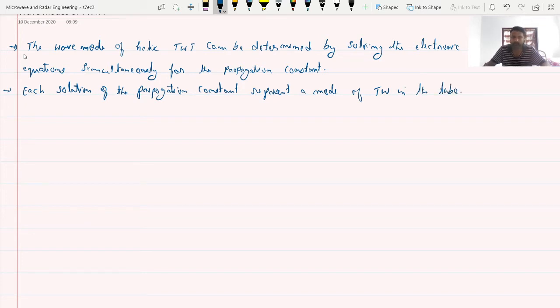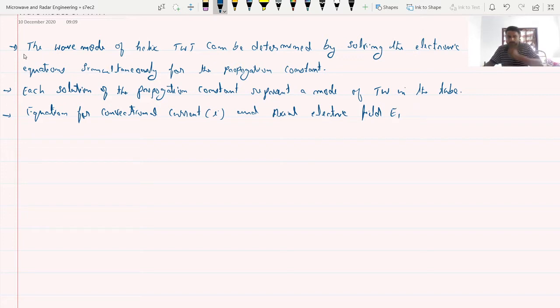So I will take the equation for conversion current, that is I, and the axial electric field, that is E1 or Ez.